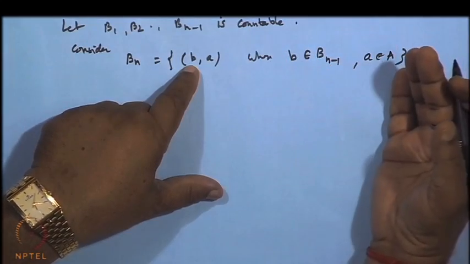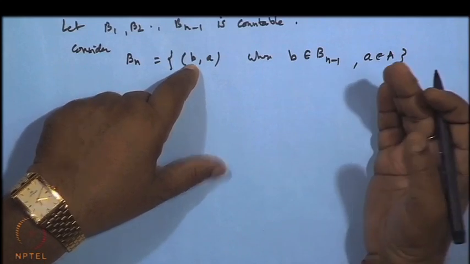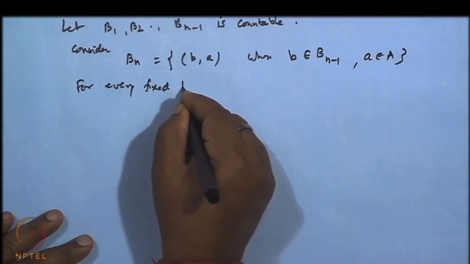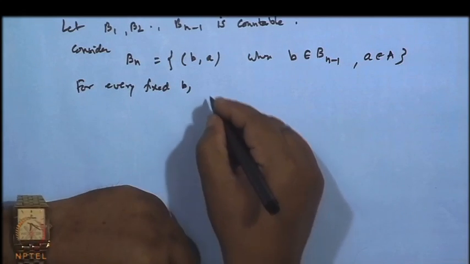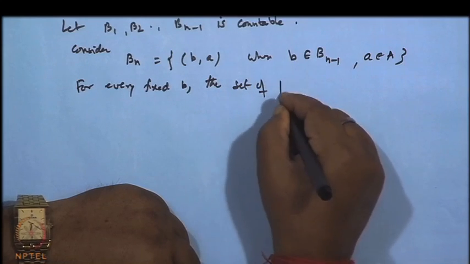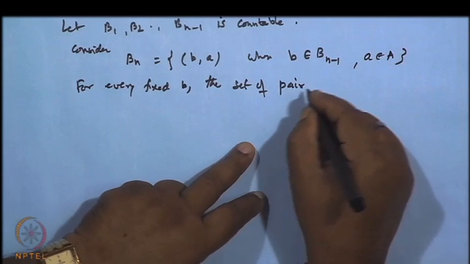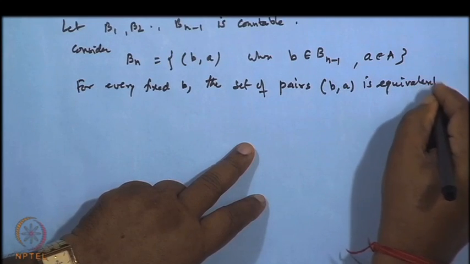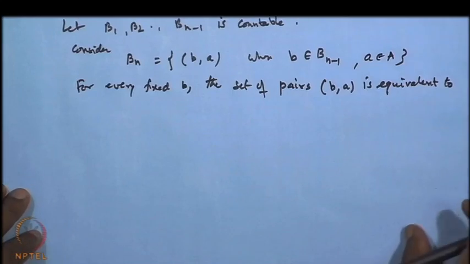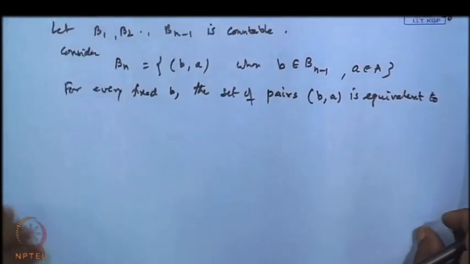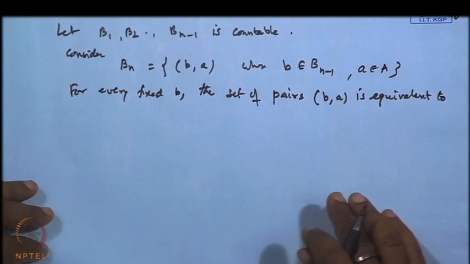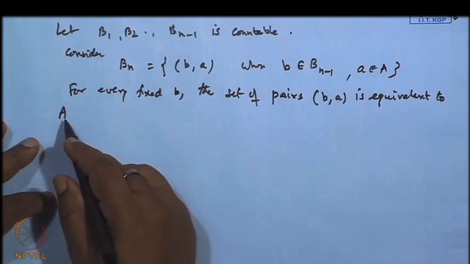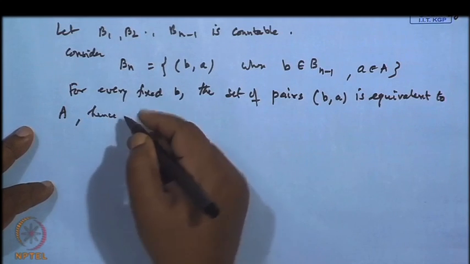So, basically you are getting A itself, is it not? So, for every fixed b, the set of pairs (b, a) is equivalent to A, but A is given countable, hence countable.